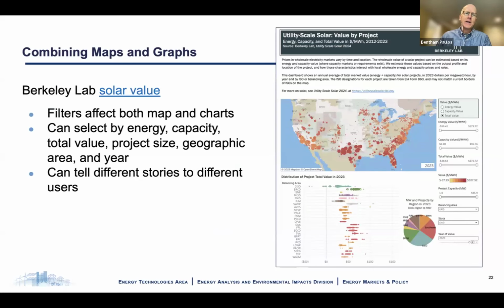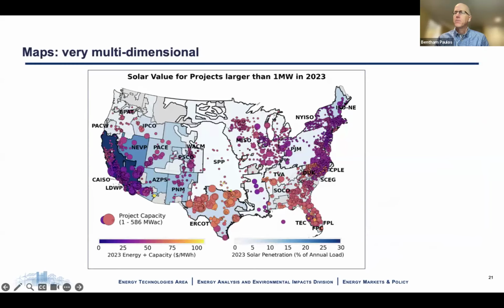You can also combine maps and graphs, and we're heading toward the concept of the dashboard. But before we get to that, there's this example. This is also the example of solar value. This value map, multidimensional map, is again getting toward the limit of what you can get away with in a single static figure.